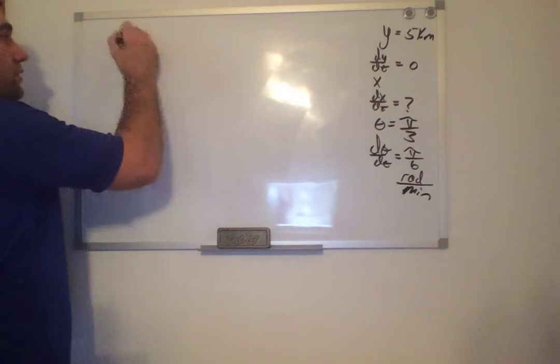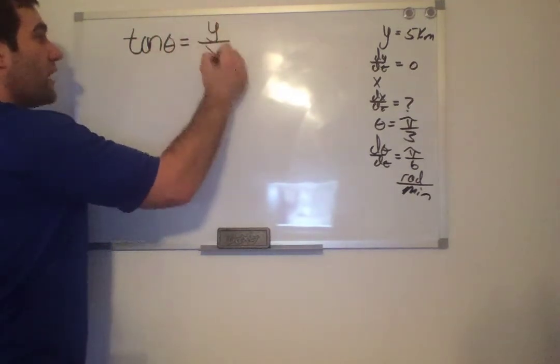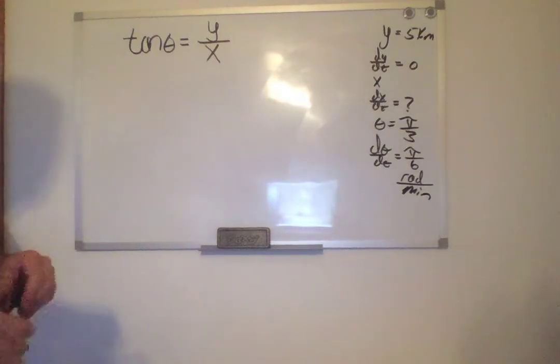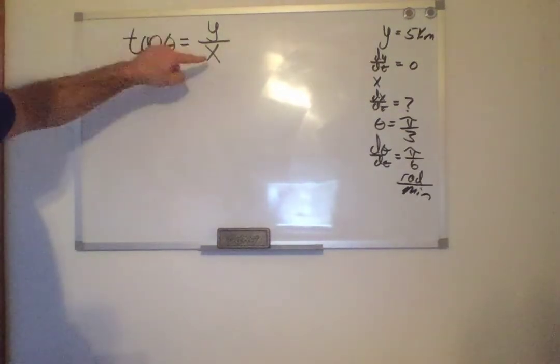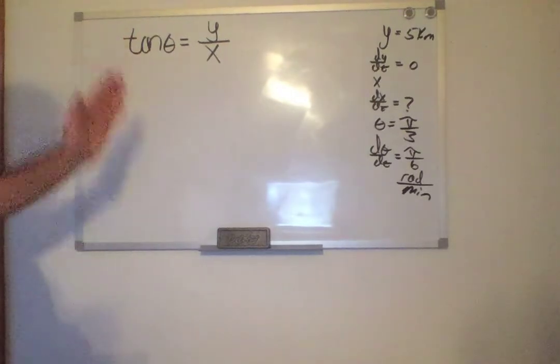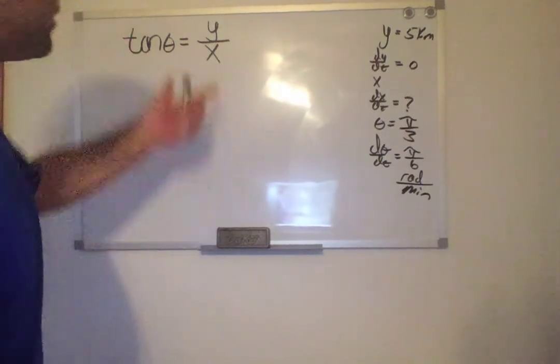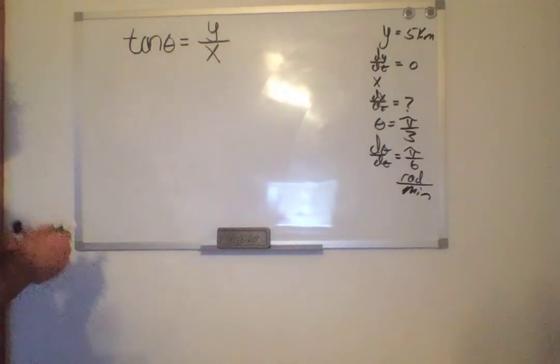So, tangent of theta is equal to y over x. If you go back to our triangle, this was the opposite side, this was the adjacent side. Now, we could implicit differentiate right here and right now. However, this is a quotient rule. I don't want to do the quotient rule.